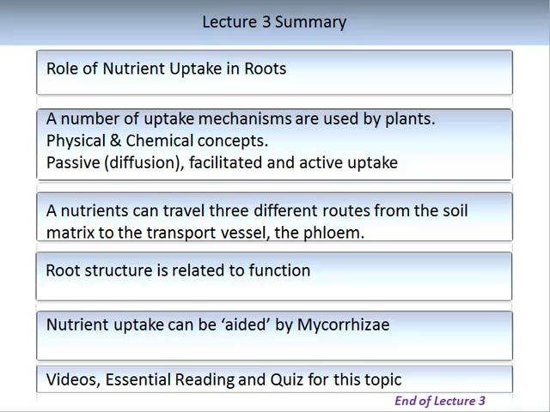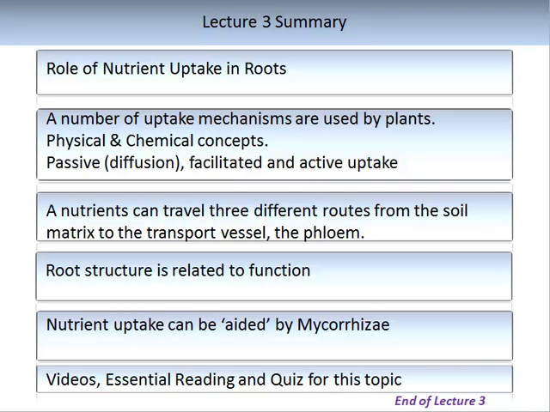So let us review what we have learned in lecture 3. We have concentrated on the role of nutrient uptake in roots. We have also touched on the uptake of water. We have learned that there are a number of uptake mechanisms, and this can be quite complex depending on the route the compound takes.